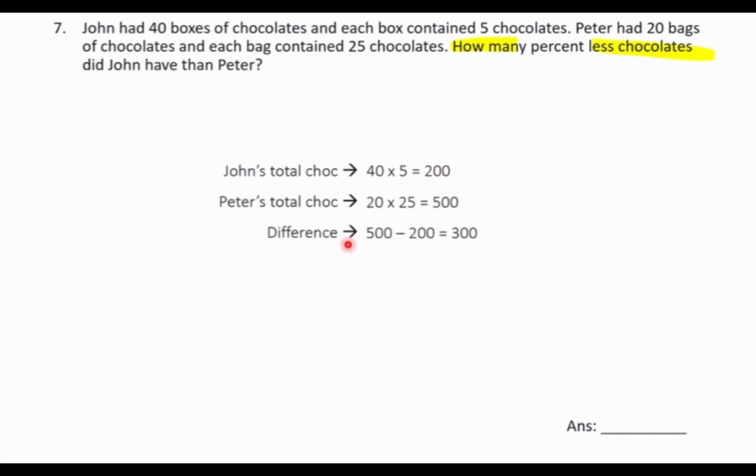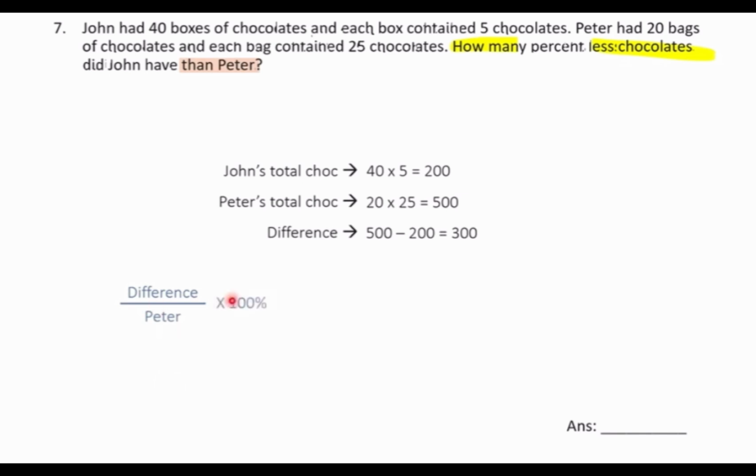Now comes the difficult part of the question, which is that you want to change it to percentage, right? You want to find the percentage difference. So it is difference over who? Remember just now I said it depends on how the question is phrased. If it's "then Peter", Peter is in the denominator. You want percentage?